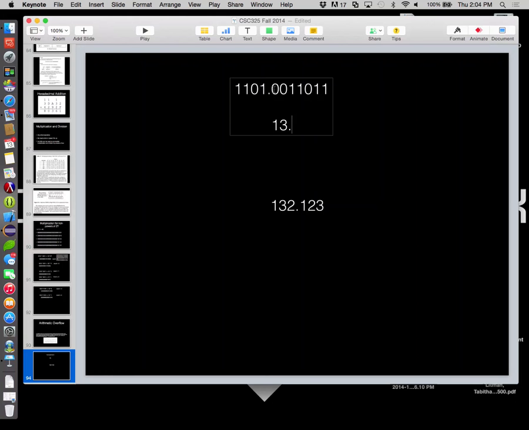Okay? So this is 0 in the 2 to the negative 1's place. 0 in 2 to the negative 2. So we have 2 to the negative 3 plus 2 to the negative 4 plus 2 to the negative 6, 2 to the negative 7.